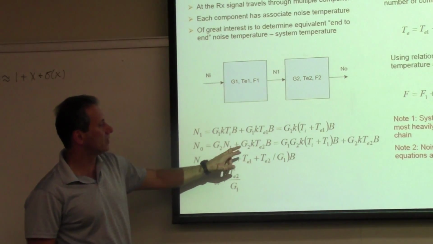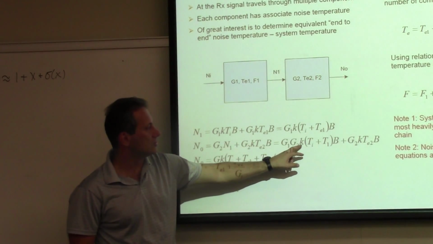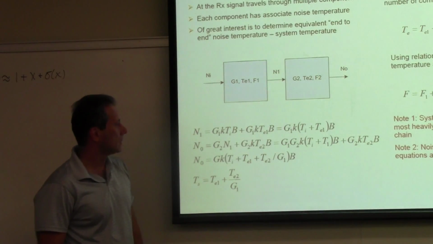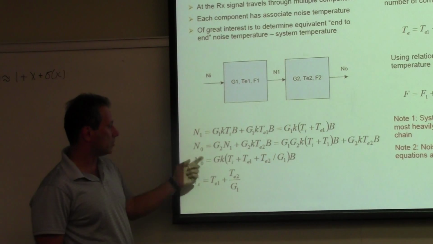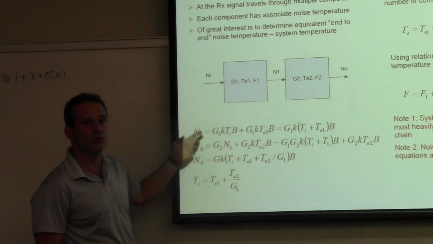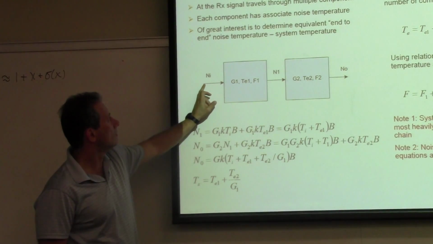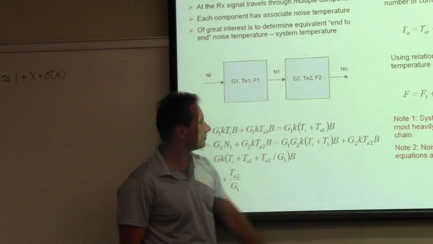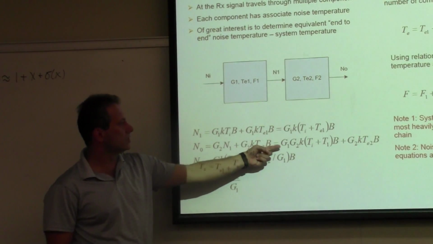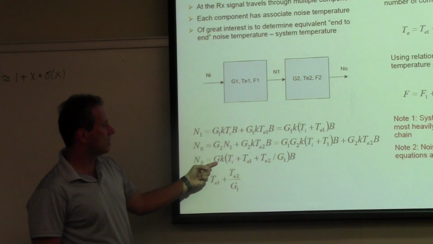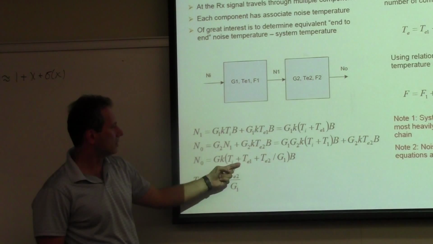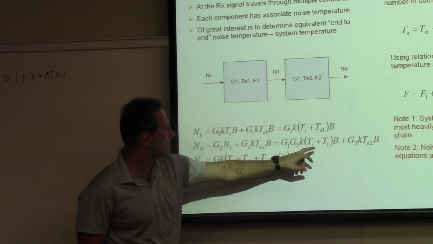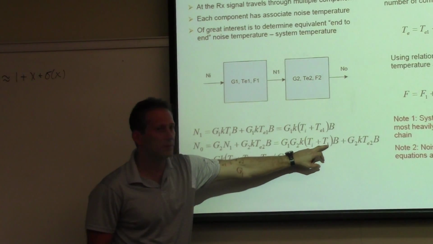Now if you bring back what N1 is, you end up with G1, G2, K, and so on, right? And then if you define G as the product of G1 and G2, the total gain of the system from this point to this point, then this equation becomes G as a common factor outside, K, Ti plus Te, this should be Te1, right?